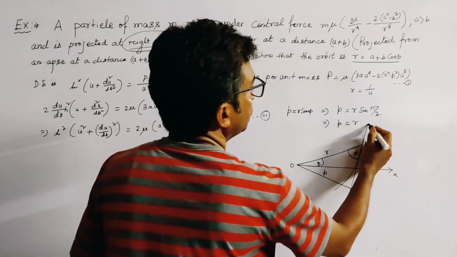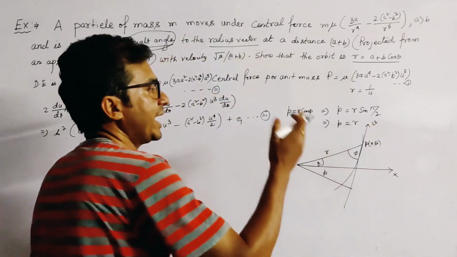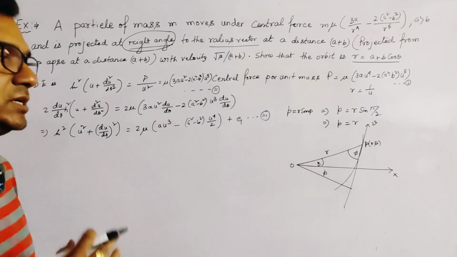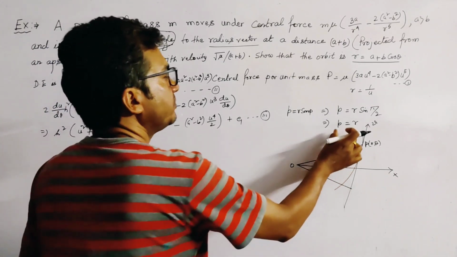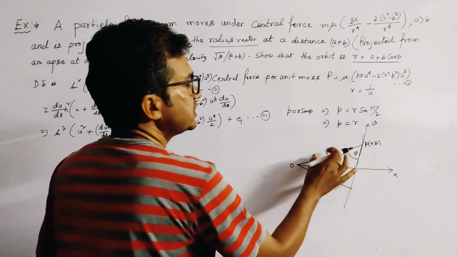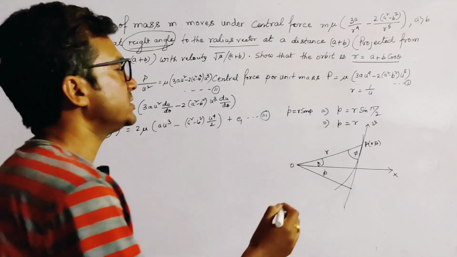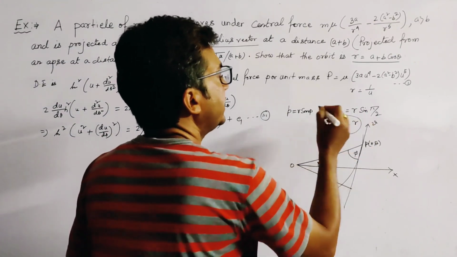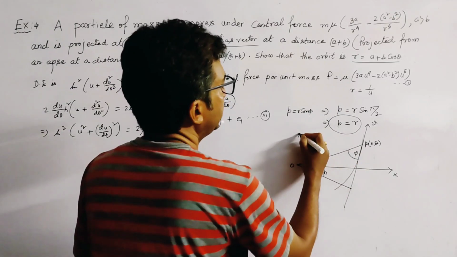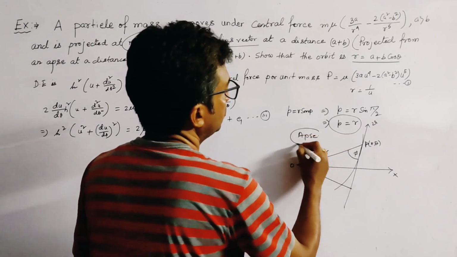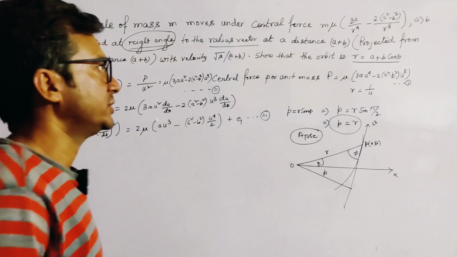This is the angle of projection because velocity always acts along the tangent. Now we get P equal to r, that is, P and r coincide. When P is equal to r, then that point is said to be an apse of the orbit.